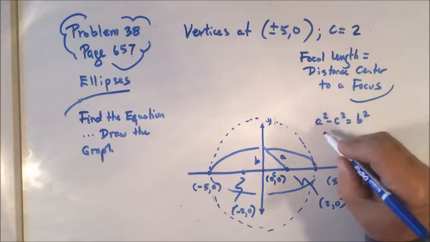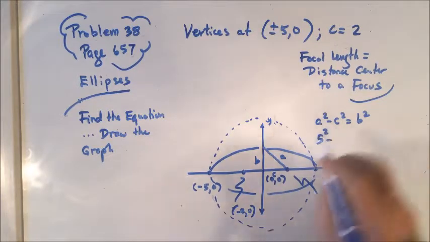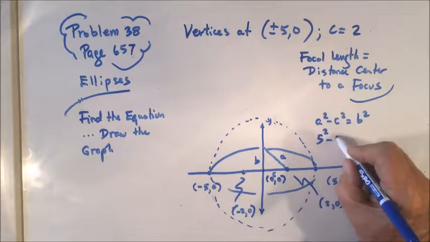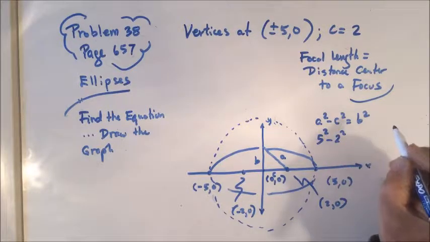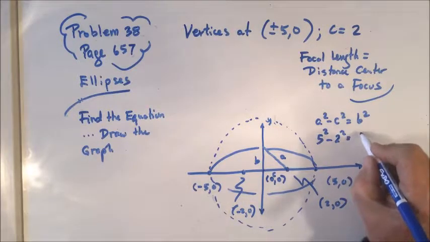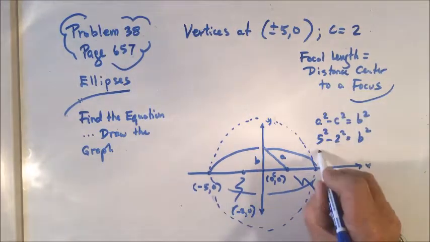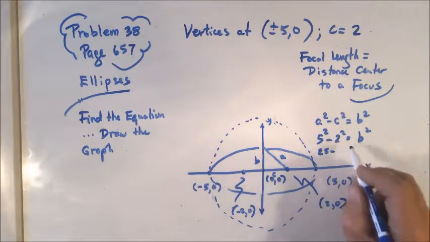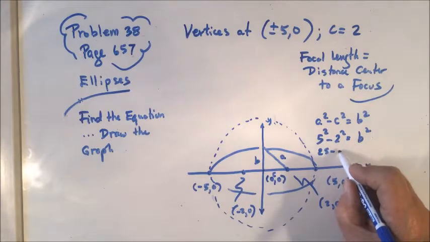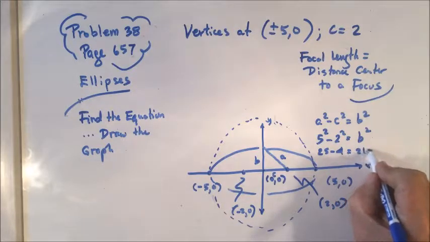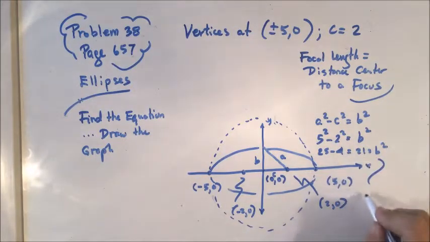So I've got 5 squared minus c squared. We were given c as 2, so 2 squared. And here comes b. So I've got 25 minus 4, feeling like I'm going wrong here somehow, is equal to 21, which is equal to b squared, so b is equal to root 21.